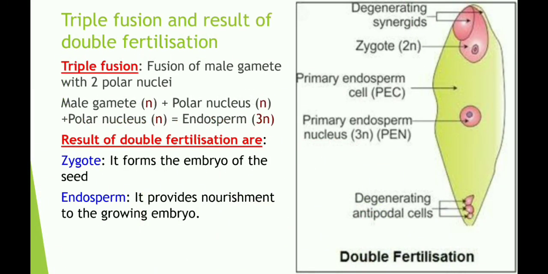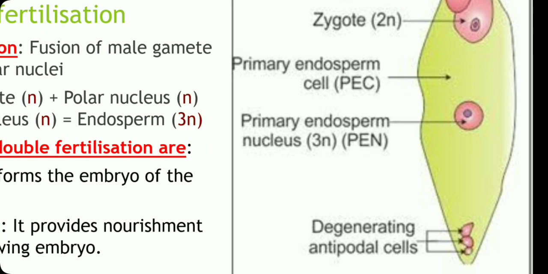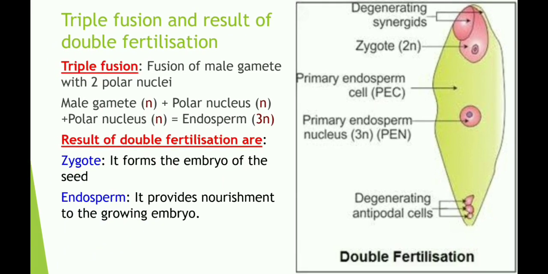Then triple fusion and result of double fertilization. Actually, during double fertilization, triple fusion takes place. How is it? The second male gamete fuses with the polar nuclei. You know that there are two nuclei in the polar cell, or we can say the central cell, and one nucleus is from the sperm cell.